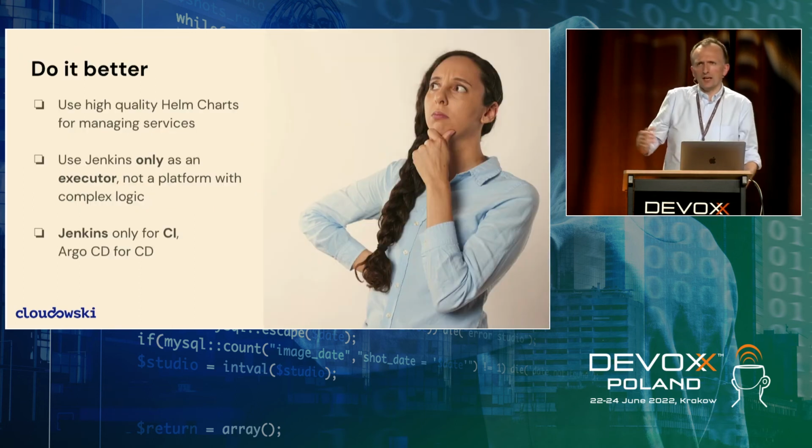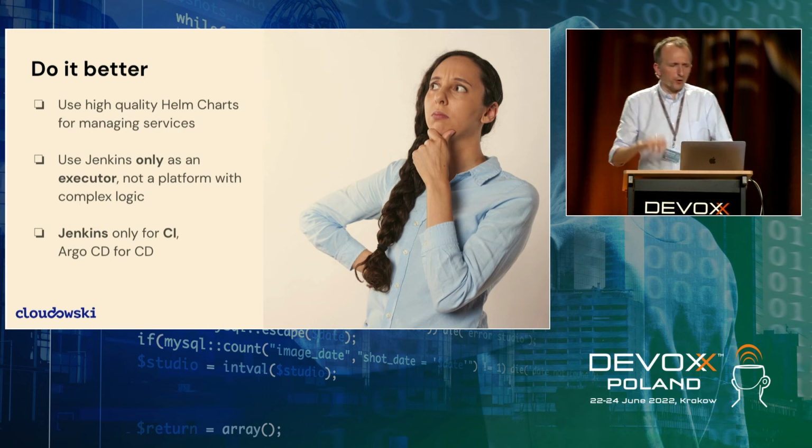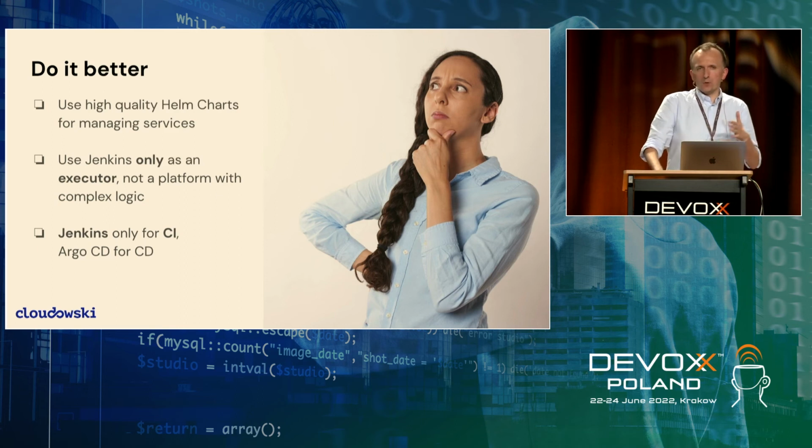So once again, can you do it better? Of course you can. I would stick with Kustomize for apps, but definitely I wouldn't write my own manifest for services such as RabbitMQ or anything that is not developed by me. I would just use official Helm charts.